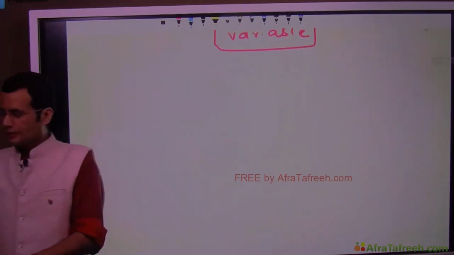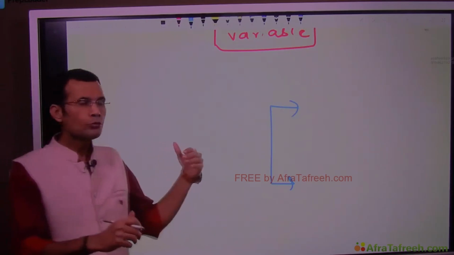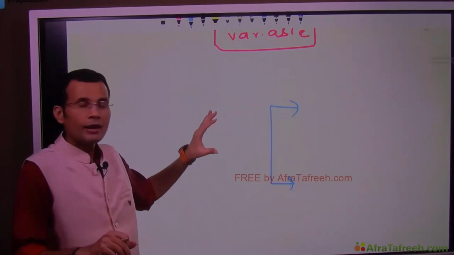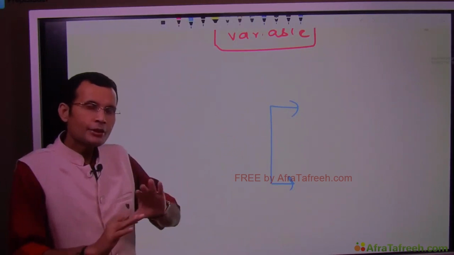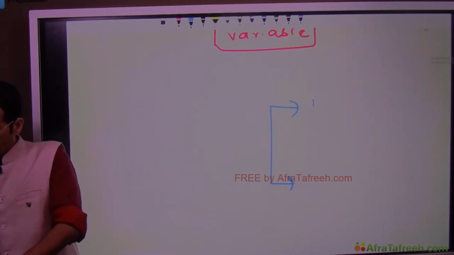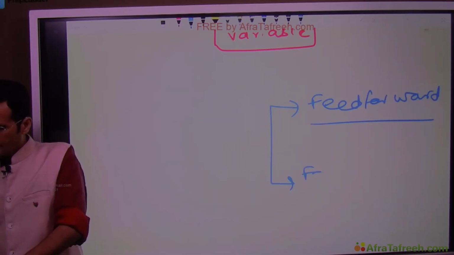Having said this, let me now move forward and see that there are basically two types of regulatory mechanisms. One is called feed forward and the other one is feedback.